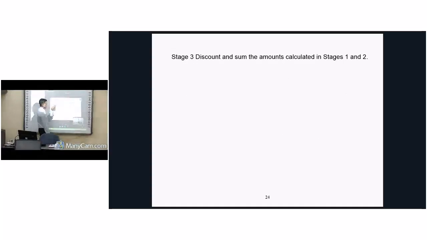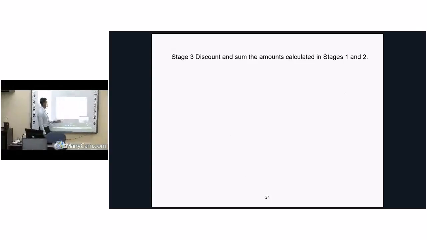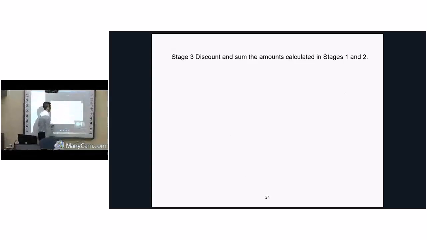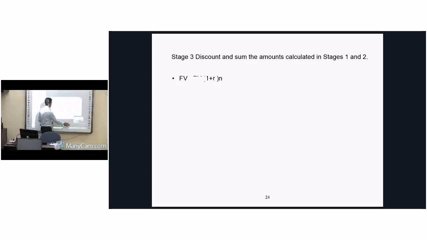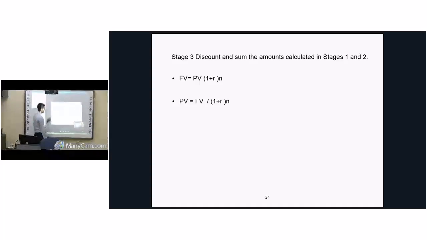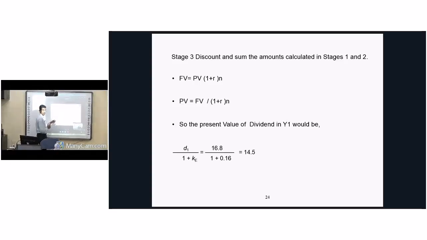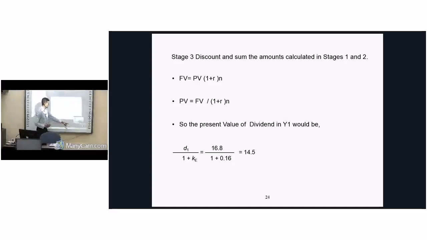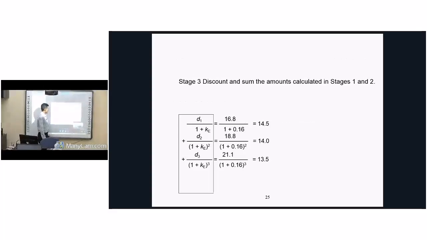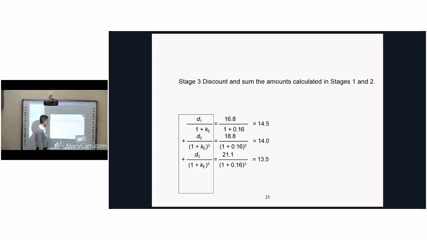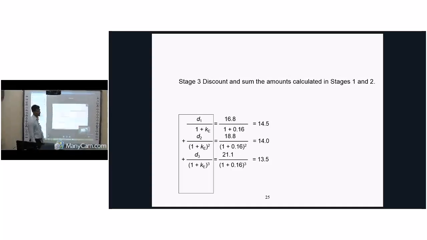So this is to discount and sum the amounts calculated for stage 1 and 2. We already did the first part; now we are going to do the second one. So the present value: we already calculated D1 as 14.5, D2 as 14, and D3 as 13.5.